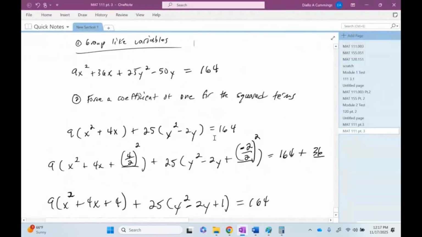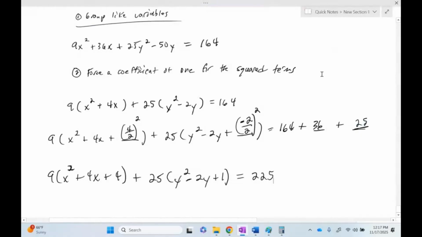So then this becomes 225. But I want you to see where that comes from. So is everybody okay up to this step?